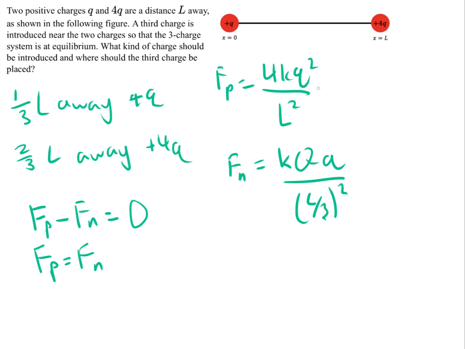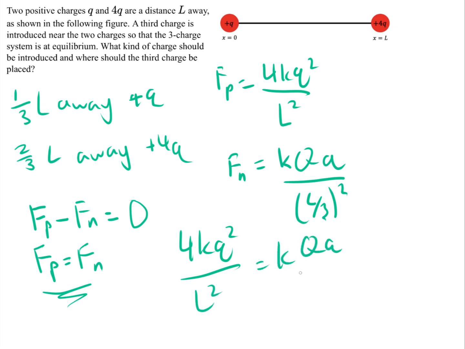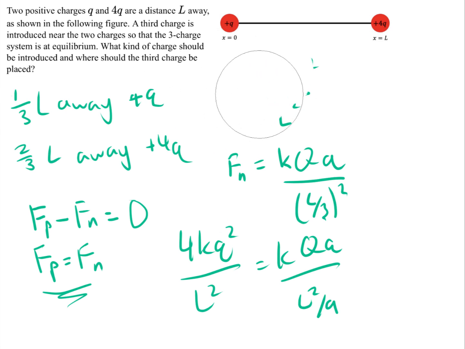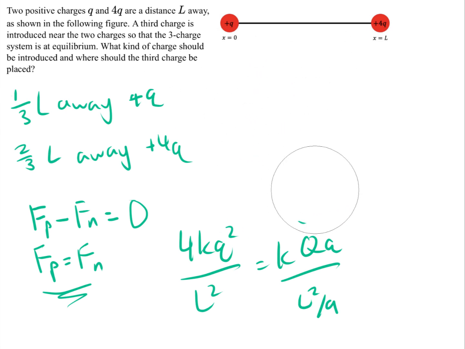That's going to be the same on this side too, since they're both not moving and both in equilibrium. So because of this equation, we can substitute and set these two equal. 4Kq squared divided by L squared equals KQq divided by L squared over 9. Now all we need to do is solve that equation.